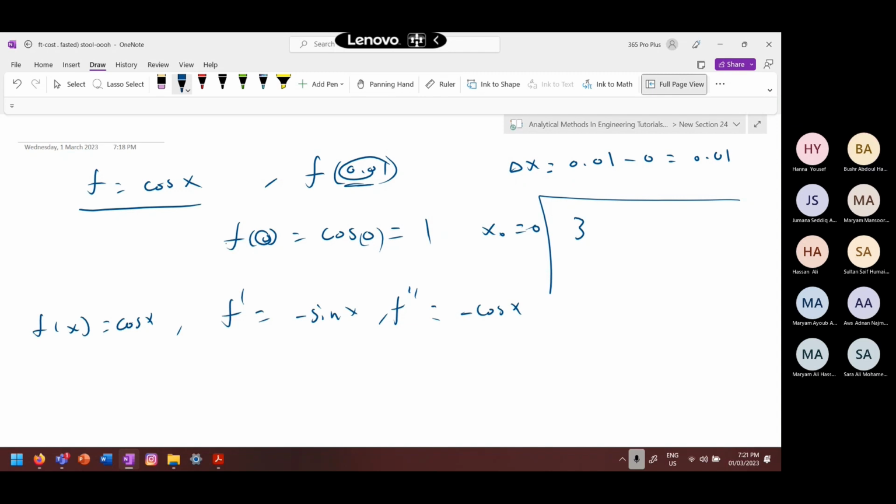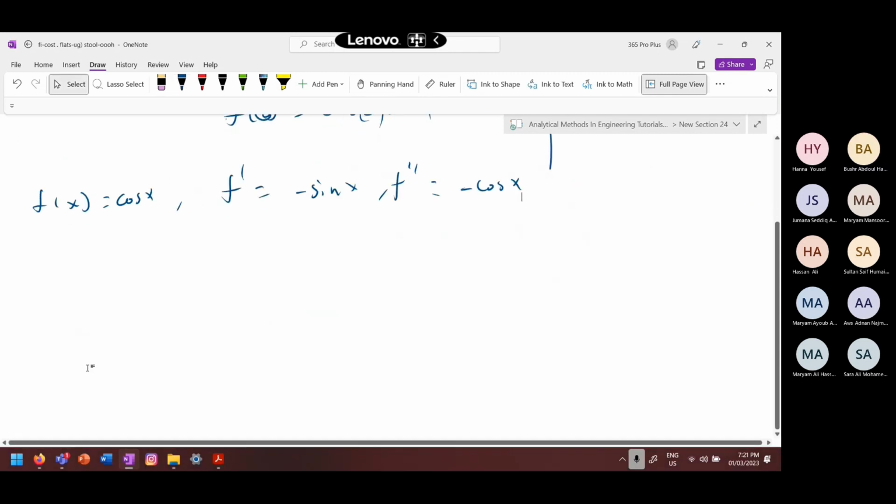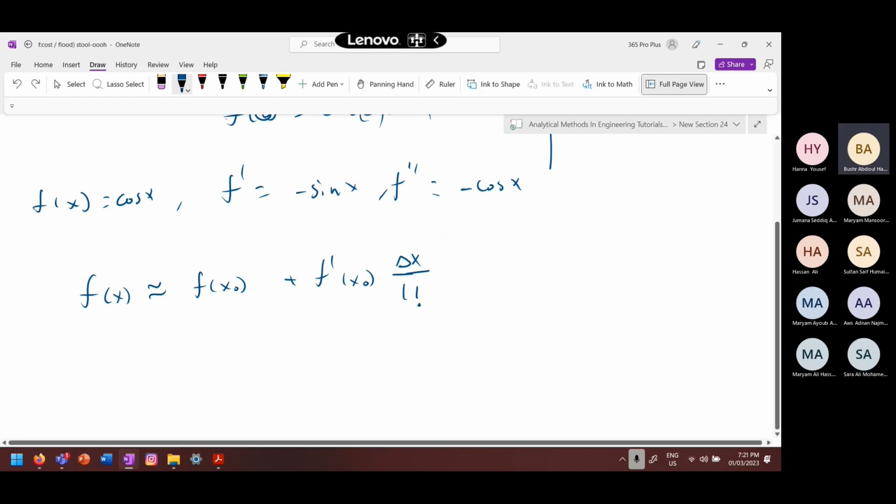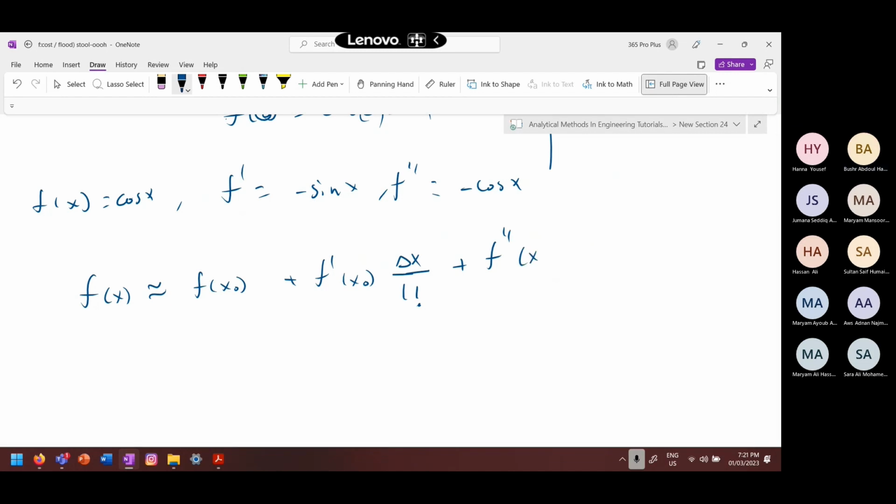Now, you need to apply Taylor series. f of x is approximately equal to f of x at 0 plus f prime at x naught times delta x over 1 factorial, plus f double prime at x naught times delta x squared over 2 factorial, etc.